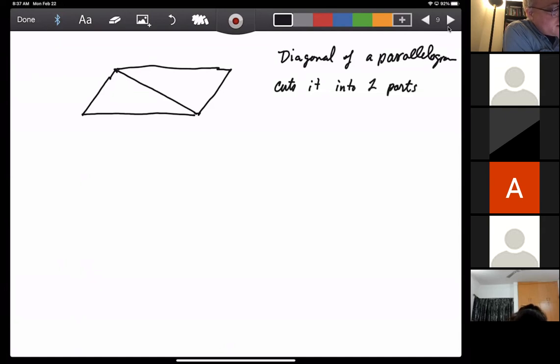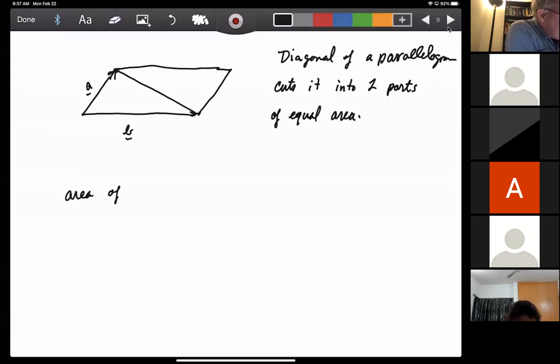Two parts of equal area. Okay, so if we put our vectors back in there and think about this, we might be interested in the parallelogram.